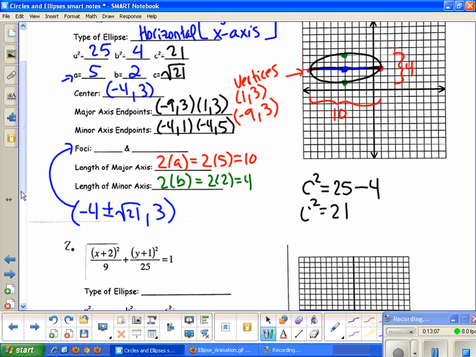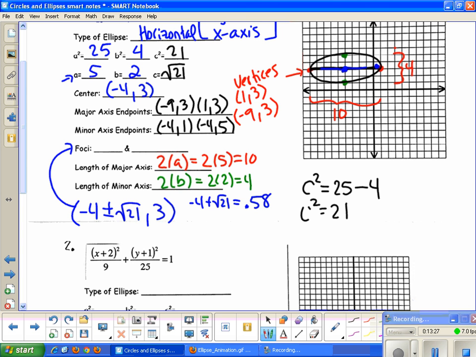So when I do this, negative 4 plus root 21 is 0.58. So that means I have at 0.58 my first focal point, which is right here. It's kind of hard to see.